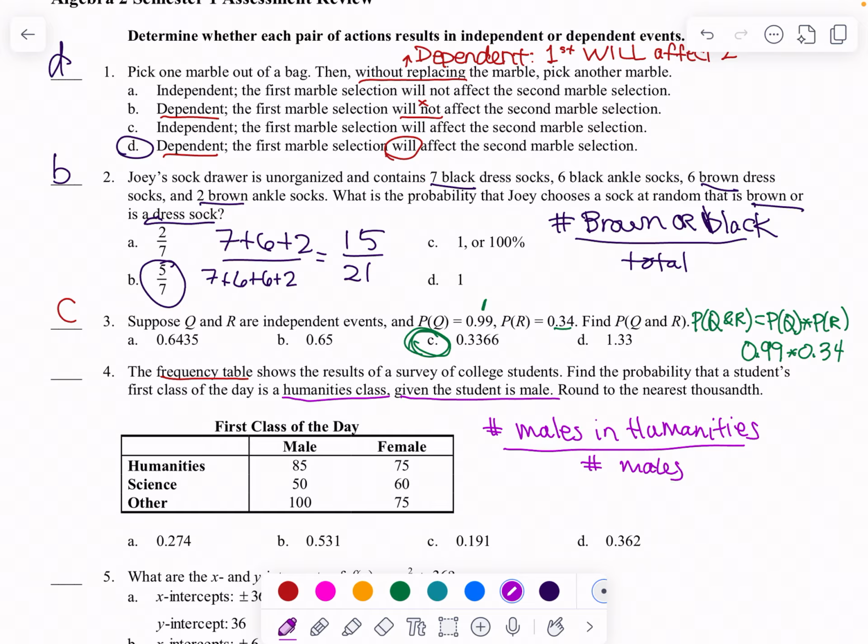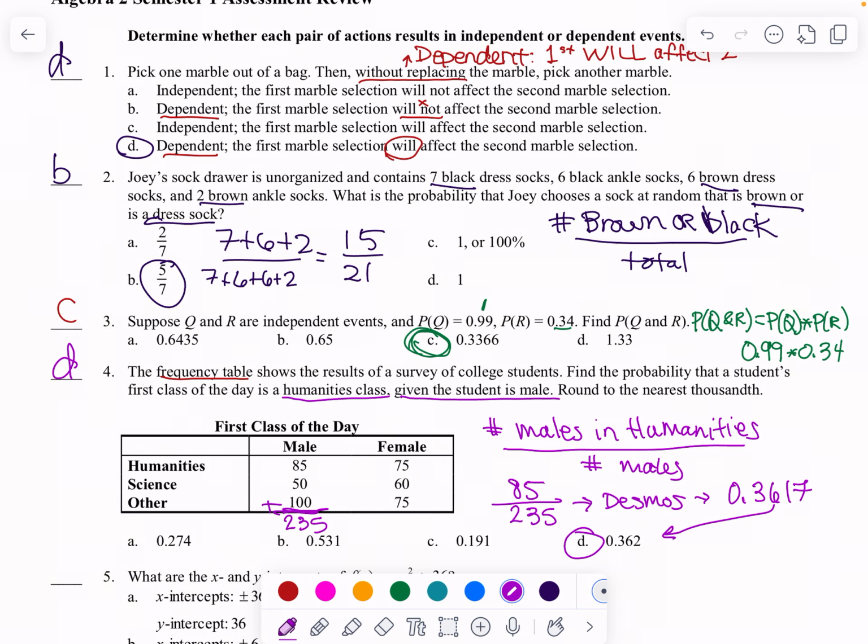So we have 85, and the total number of males, if we just added these up, would be 235. So 85 divided by 235, and we do this in Desmos, and that would give us 0.3617, which would round to D.